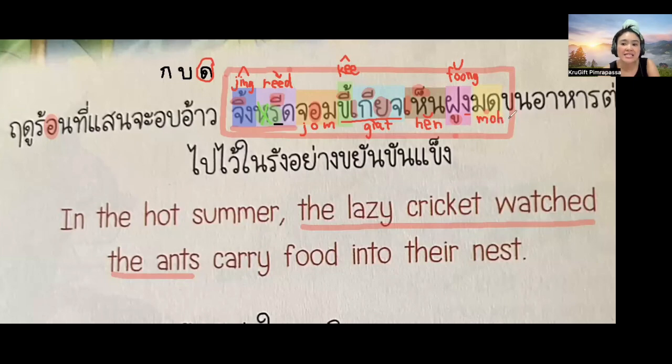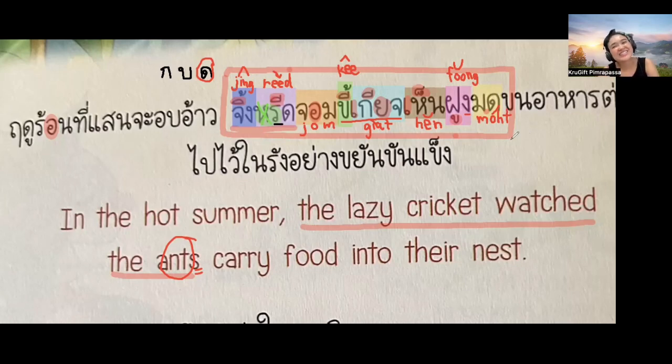M, oh, d, mod. Mod, mod, mod. Mod means ant. And the letter S is fung, right? It's the plural form. A group of animals, a group of ants, an army of ants. So this one we call mod.